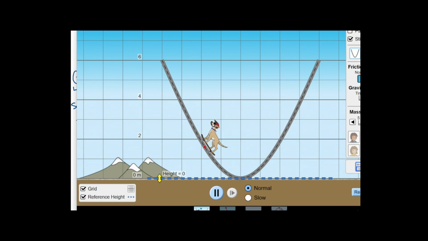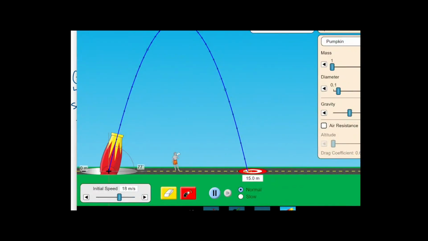And also, if we fire our cannon off, this looks remarkably like a parabola that we created with the quadratic equations here. Just something to note.